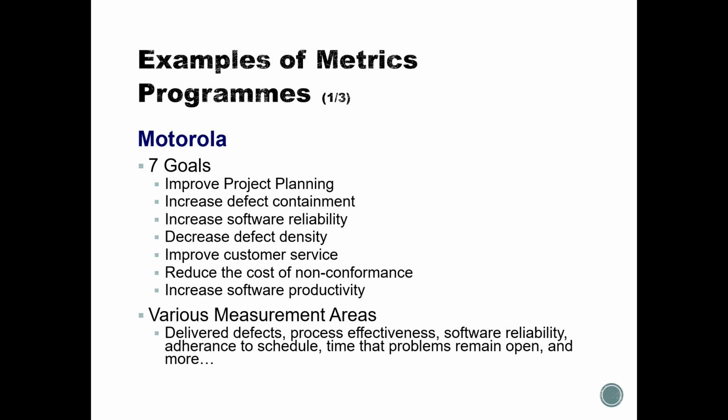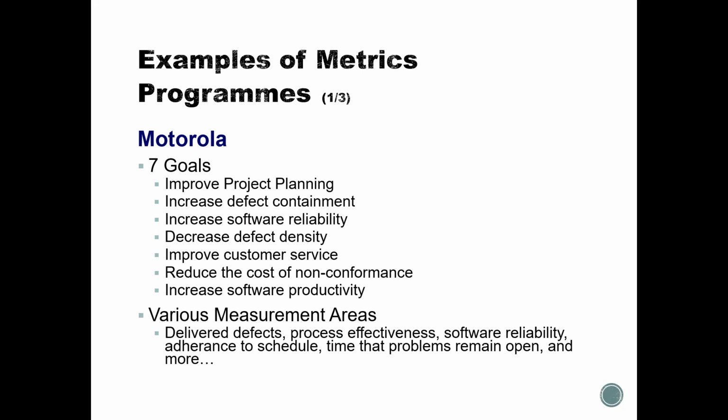So the goals, just look at the goals they have. They have 7 goals, which talk about improving project planning, increasing defect containment, increasing software reliability, defect density, customer service, cost of non-conformance, and software productivity. So overall, the whole goal is related to the product. They are more emphasized towards building the product such that it should be bug-free, and how you can improve the overall customer service and software productivity, and so on.